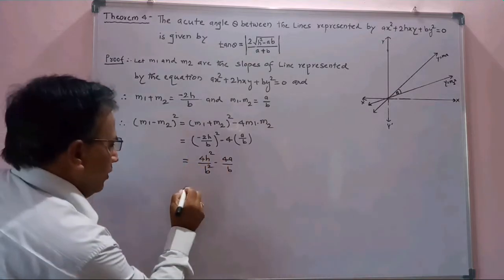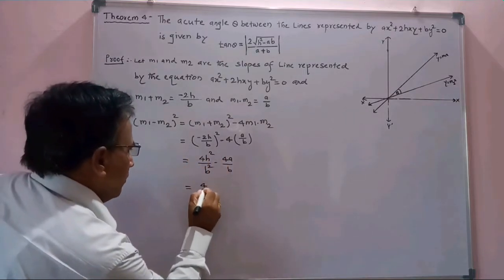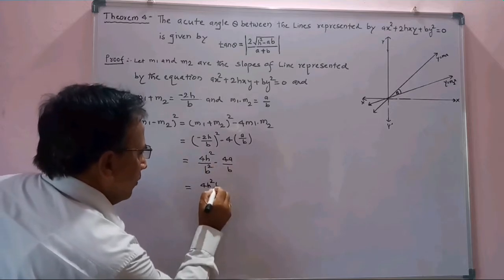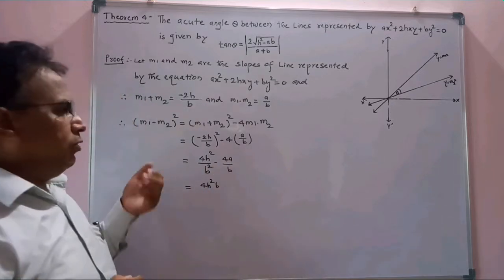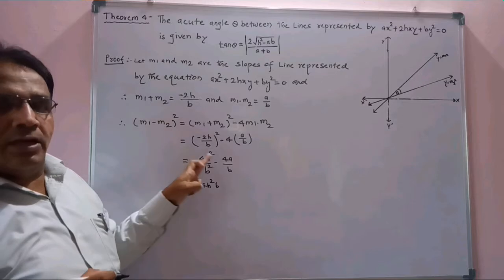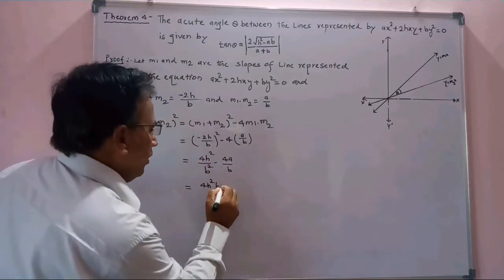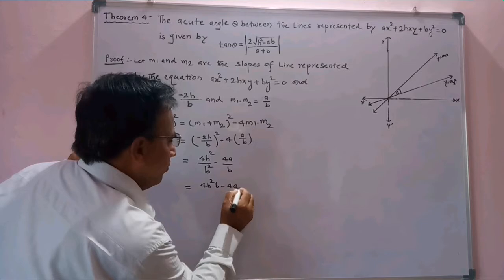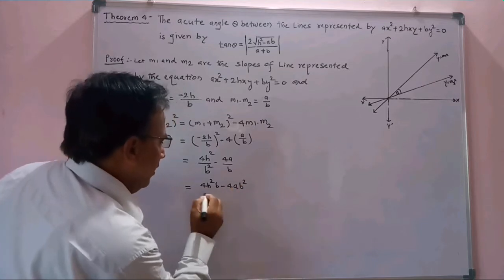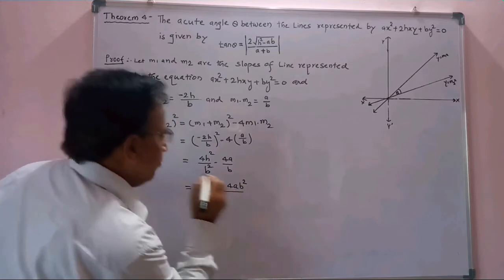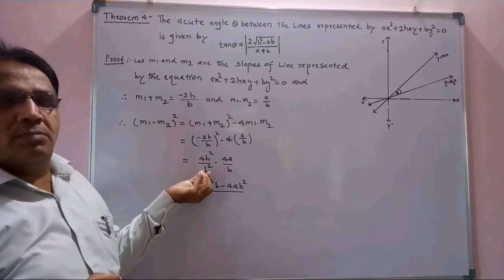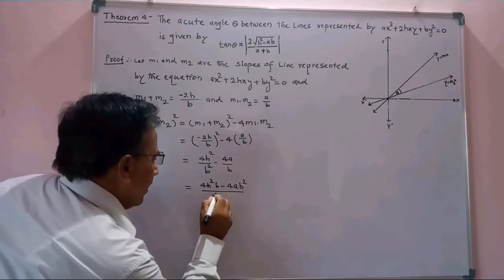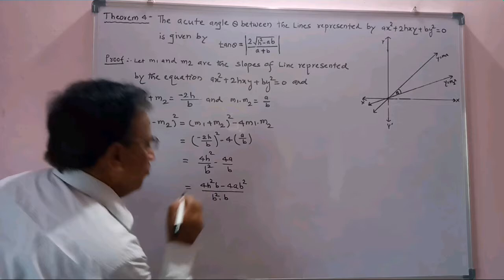Cross multiplication: 4h square into b minus 4a b square, divided by b square into b.